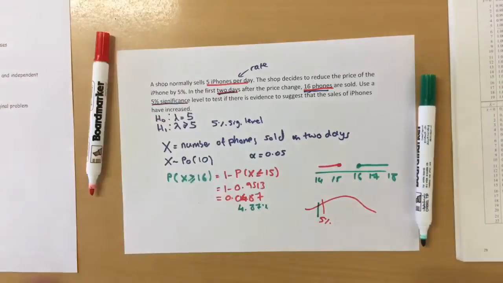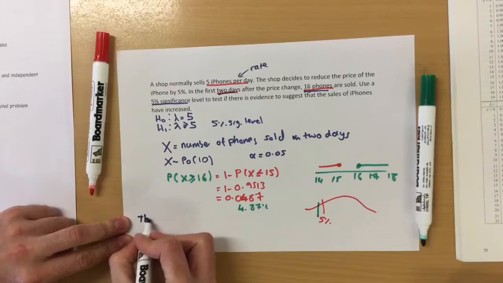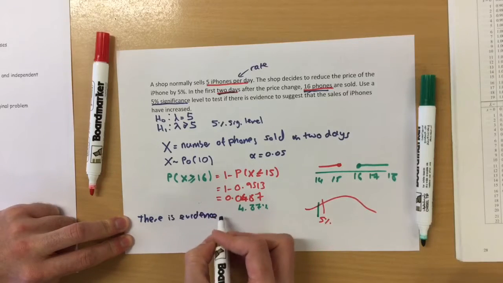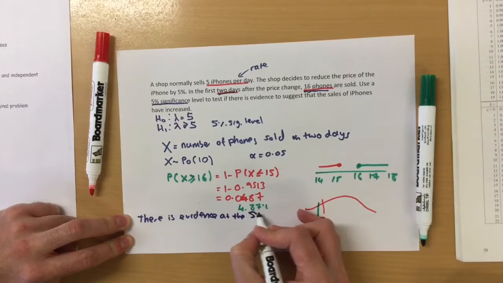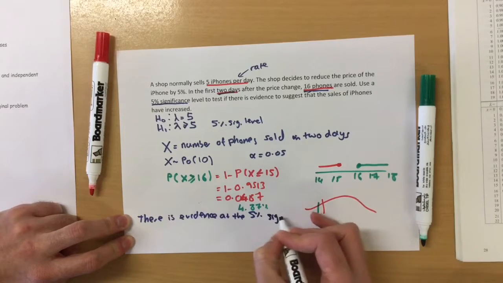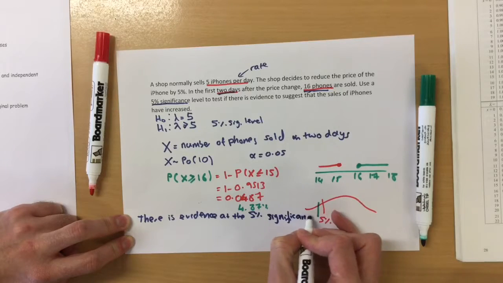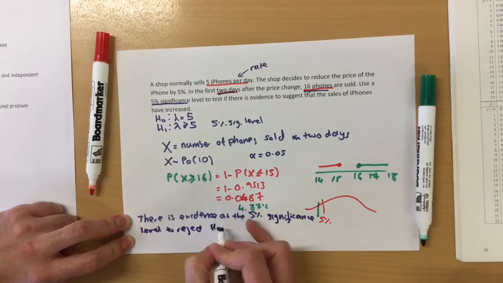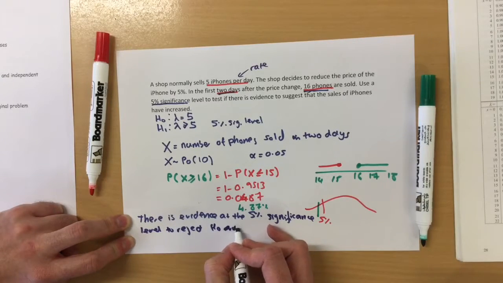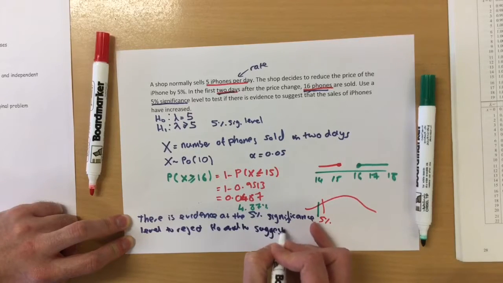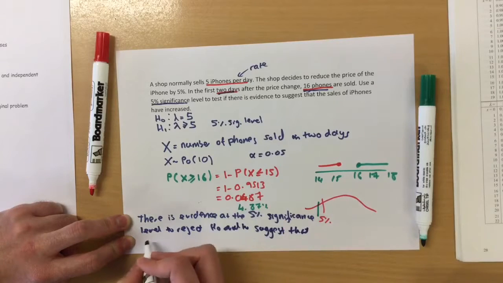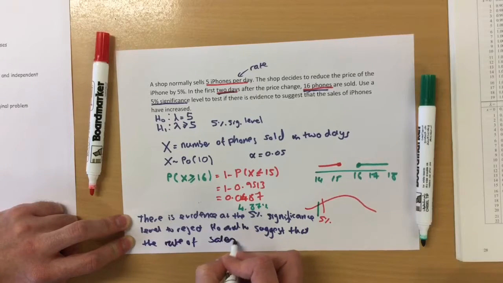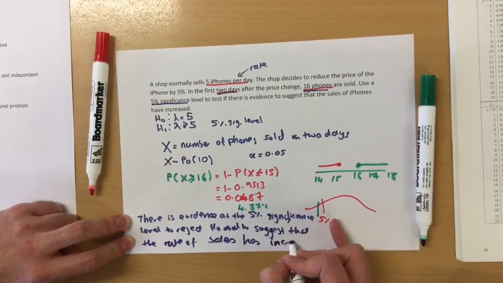So therefore we can write that there is evidence at the 5% significance level to reject H0 and to suggest that the rate of sales has increased.